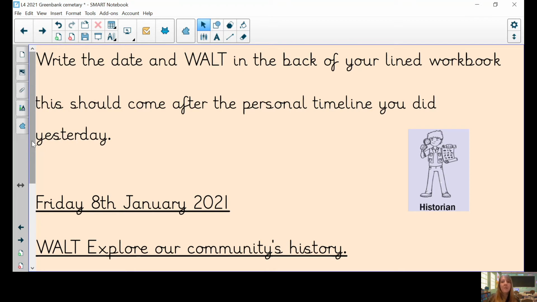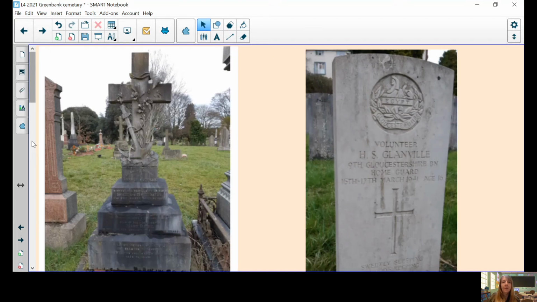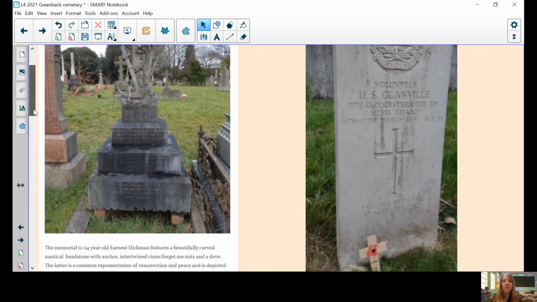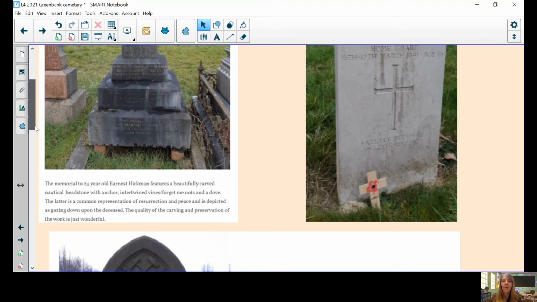When you've written the date and the WALT, what I would like you to do is in your work pack that you've collected from school or that's been delivered to your house, you should have a page with 4 pictures. 4 different graves with some descriptions of who was buried there.